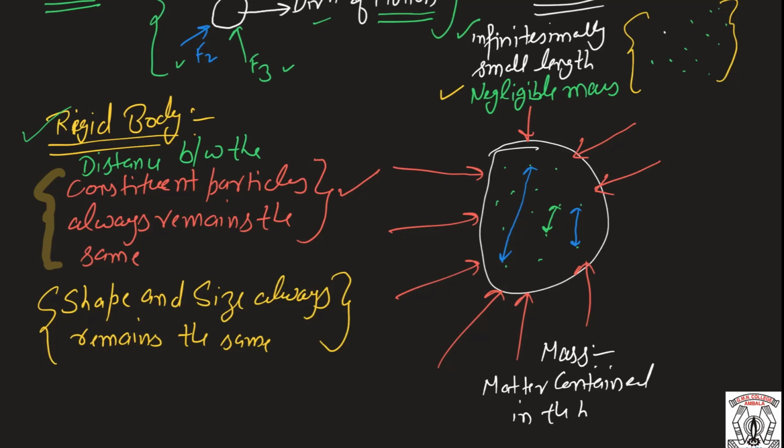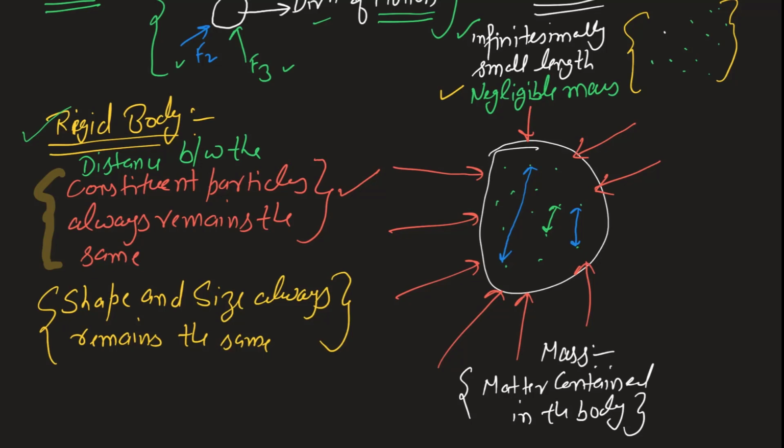So like these are the particles contained in the body, like this is the particle, this is the particle, these all are the particles contained in the body. Therefore this constitutes the mass of the body. So mass is the matter. What it contains, what it is made up of is the matter, and the matter contained in the body is the mass.